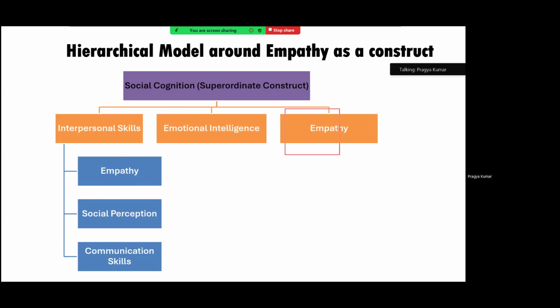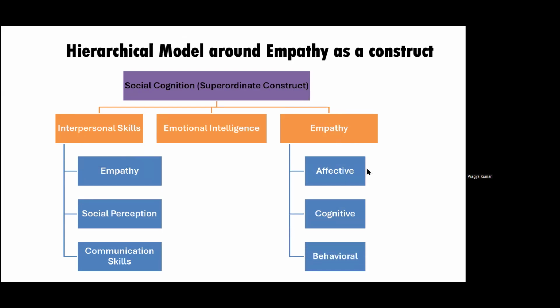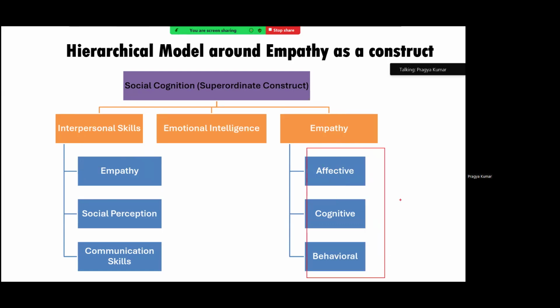It is a primary construct and also a secondary construct. Now, empathy can also be defined as affective empathy, cognitive empathy, and behavioral empathy. So a primary construct can again be subdivided into secondary constructs. This is known as the hierarchical model.